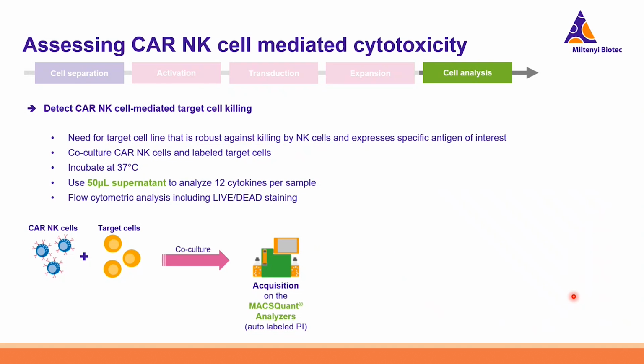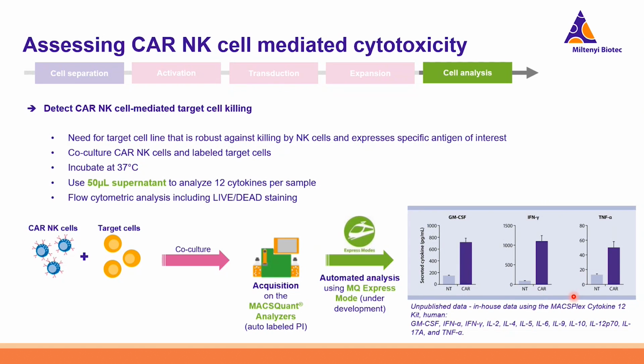And in addition to this, there's also the analysis of the cytokines possible, where up to 12 cytokines can be analyzed within one sample of supernatant, and only 50 microliters of supernatant are required for this. And in combination with the MACSQuant, this can be analyzed.